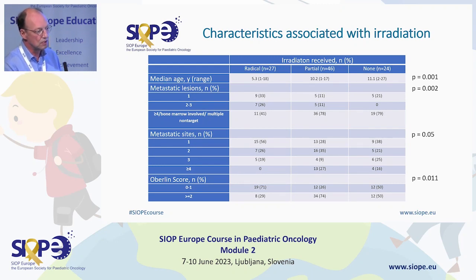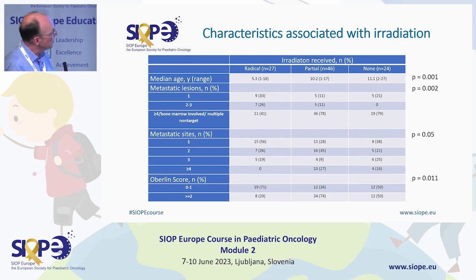So if a child was older, then for some reason radiotherapy was less likely to be given. The number of metastatic lesions, as was already said, was a factor that mattered. The metastatic sites also differed and were related to whether or not radiotherapy was given.